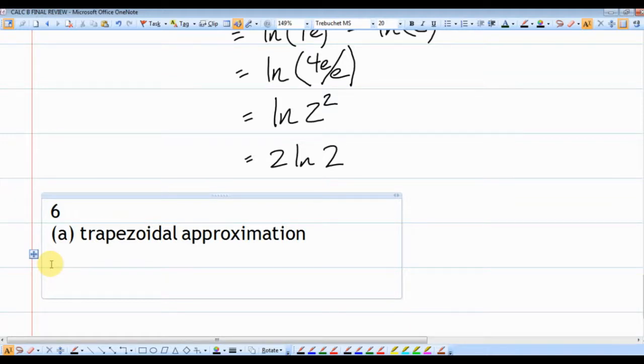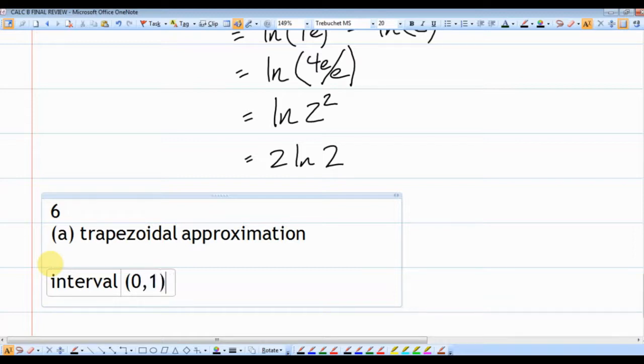Sure. The first interval goes from 0 to 1, right? Second interval goes from 1 to 2, right? Third interval goes from 2 to 3. Last interval goes from 3 to 4.